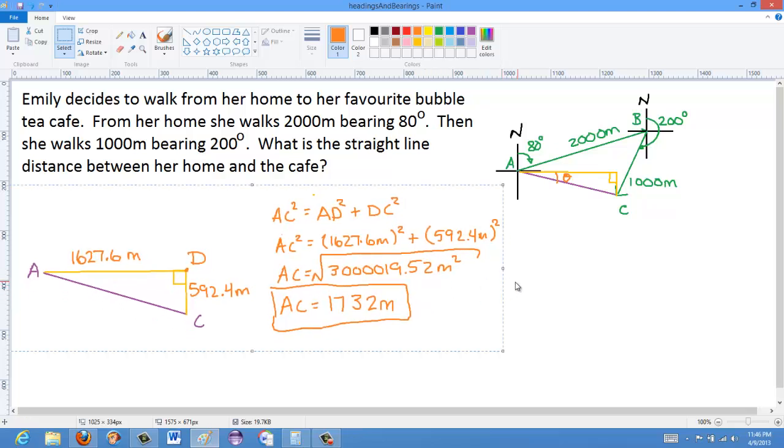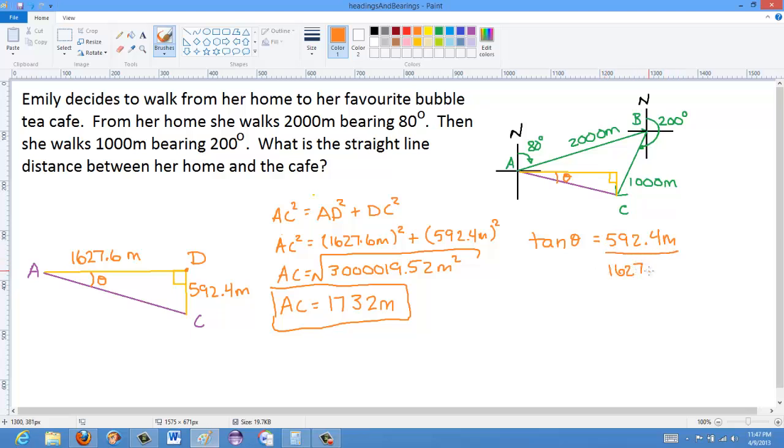That's the distance, and if I wanted to find the angle theta here, I now have the opposite and the adjacent, so I could say that tan theta is equal to opposite over adjacent, 592.4 meters divided by 1,627.6 meters.